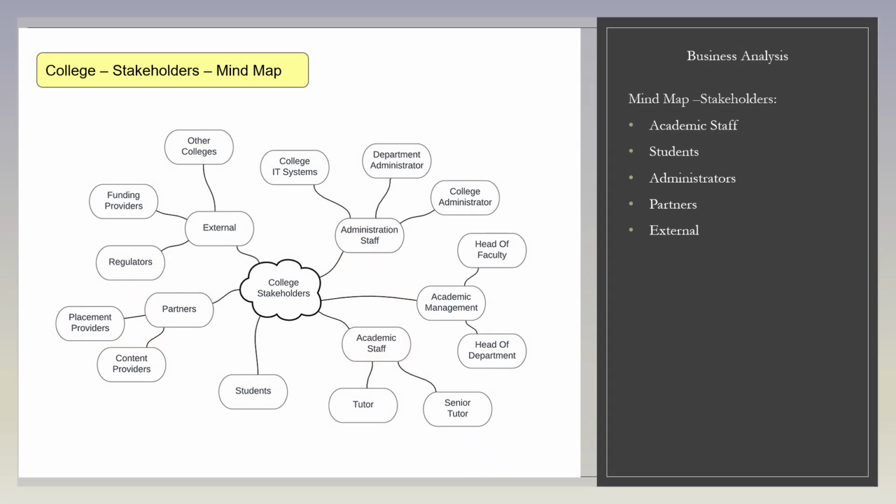Just a quick look at some other examples of where mind maps can help in business analysis. They can be used for stakeholder analysis, and you might develop the mind map that you see here to initially define the stakeholders for the college and the project.